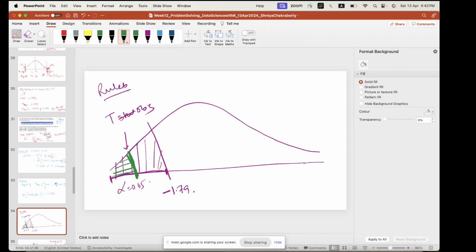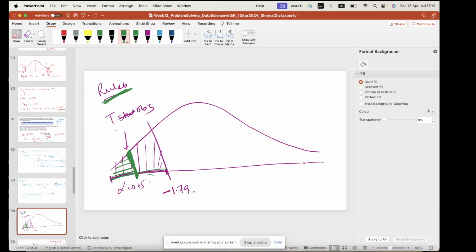As long as this area remains less than 0.05, can you see the equivalence of these two sentences? P value means that the area below this point is less than alpha. When I am calculating p value, I am talking in terms of area. And when I am talking in terms of the critical value, I am looking at these values along the x-axis and taking a decision. So both of these are equivalent things.